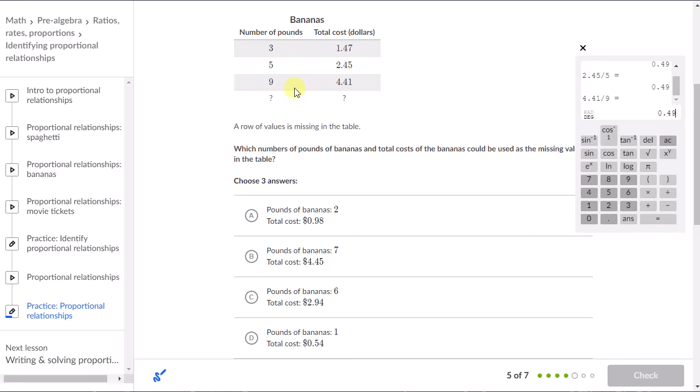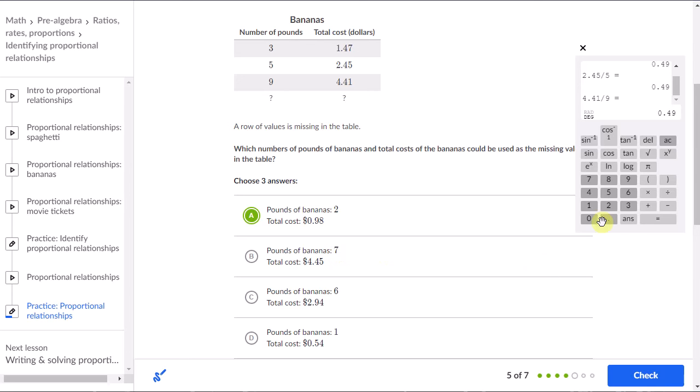So these are all in proportion. They've all got 0.49. So to check these, let's do that one. Hopefully you'll recognise that as being twice 49 pence, so I know that one's correct. There are 3 correct answers though. Make sure you check how many answers you need.